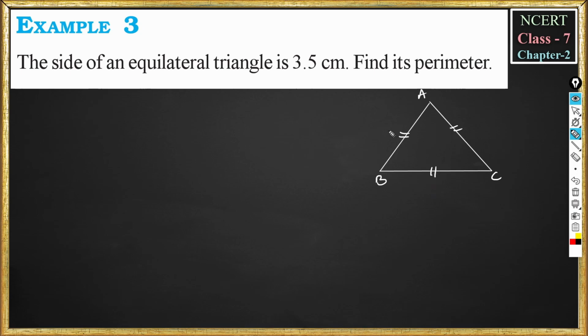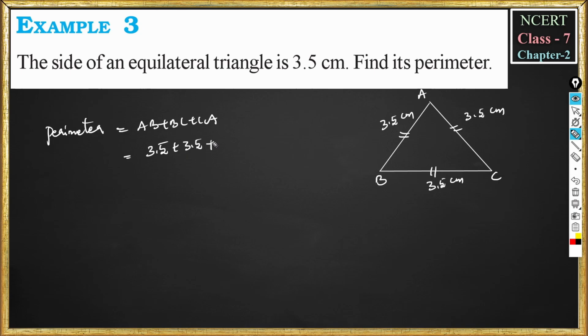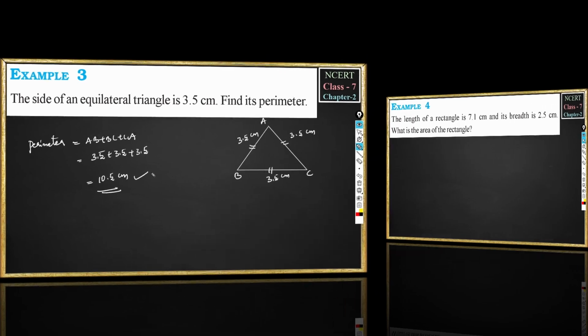So that means side AB will be 3.5 centimeters, side BC will be 3.5 centimeters and side AC will be 3.5 centimeters. So the perimeter is the sum of all sides of the triangle, that is AB plus BC plus CA, which is equal to 3.5 plus 3.5 plus 3.5. So the answer is what? 10.5 centimeters. So the perimeter of an equilateral triangle whose side is 3.5 centimeters is 10.5 centimeters.